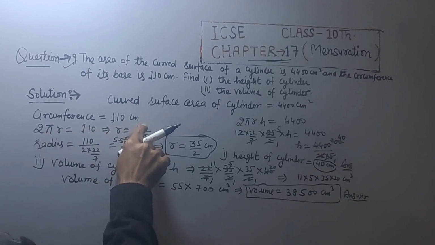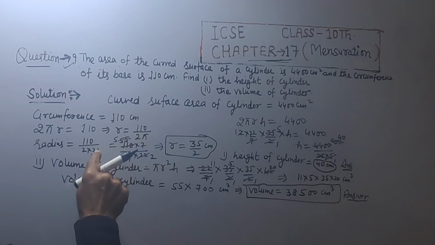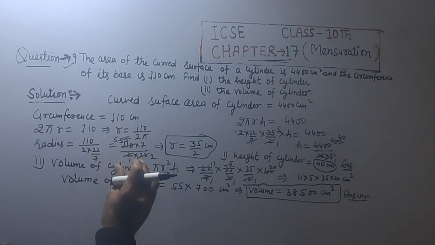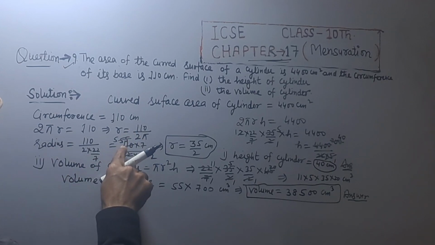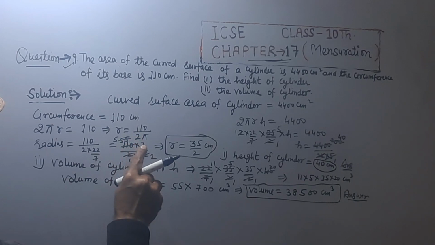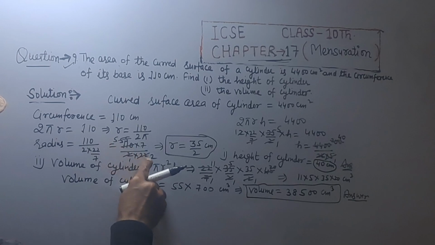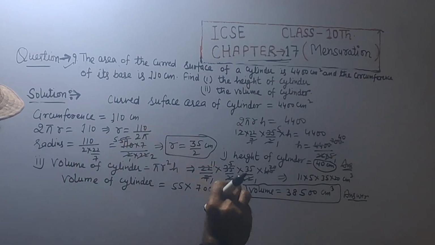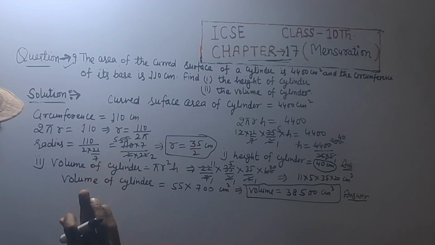Radius is equal to 110 upon 2 pi, which is 110 upon 2 multiplied by 22 upon 7. 7 multiplied by numerator, and we get 110 into 7 divided by 2 into 22. 2 1s are 2, 55 2s are 110, and 11 5s are 55, 11 2s are 22. Then 7 5s are 35 upon 2 centimeter. Radius is equal to 35 upon 2 centimeter.